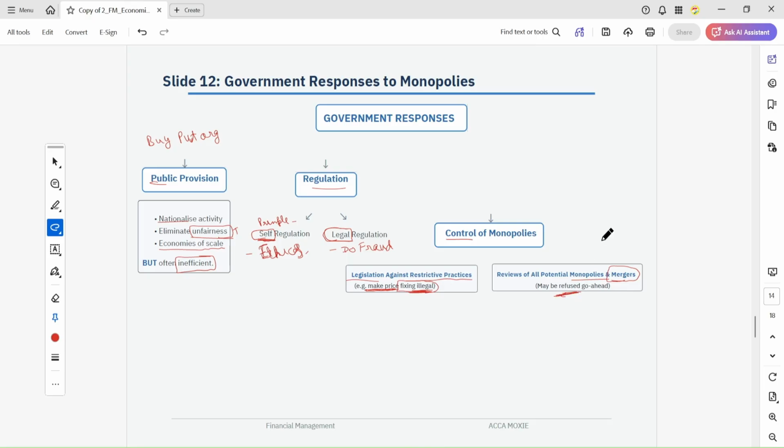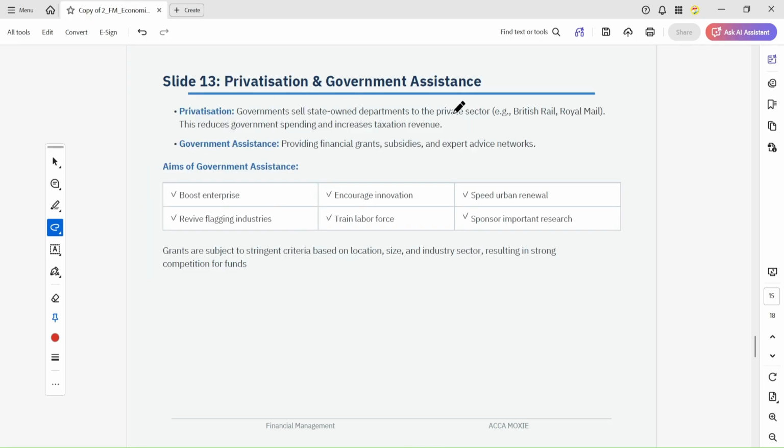Next, privatization and government assistance. Privatization is when the government sells state-owned departments to private companies. When the government sells its companies to private companies, it is called privatization. One example is British Rail and Royal Mail.